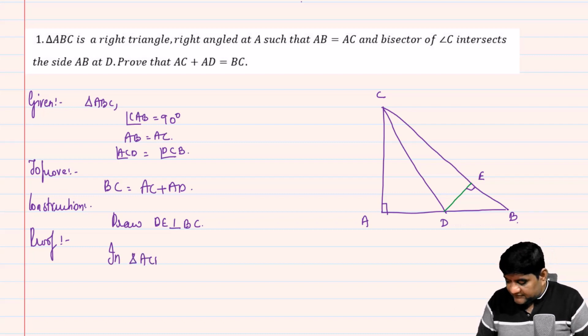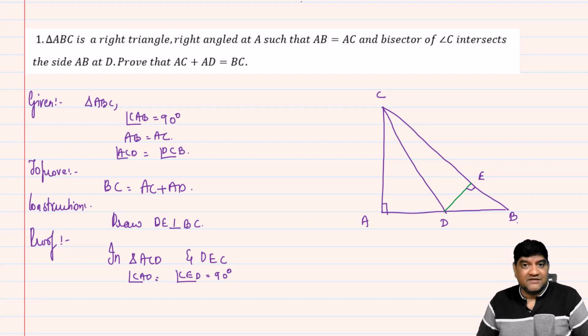In triangles ACD and DCE, I already know that angle CAD will be equal to angle CED, and that's equal to 90 degrees, because one, it is given, and then there's the construction that we made.